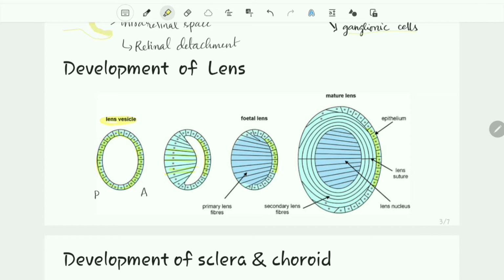Later on, they lose the nucleus and become primary lens fibers, which are transparent. The lens grows as new layers of fibers are added to it, which are called secondary lens fibers. In old age, these primary lens fibers degenerate and form crystalline protein, causing cataract.